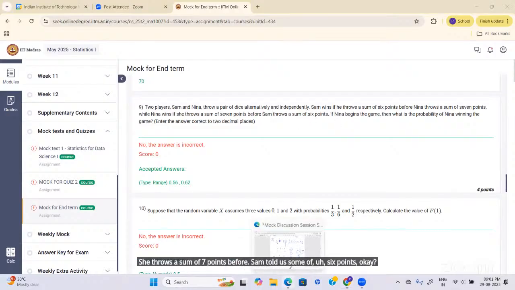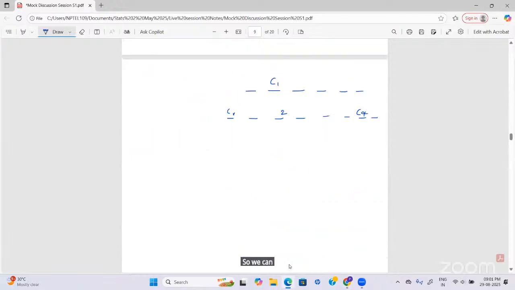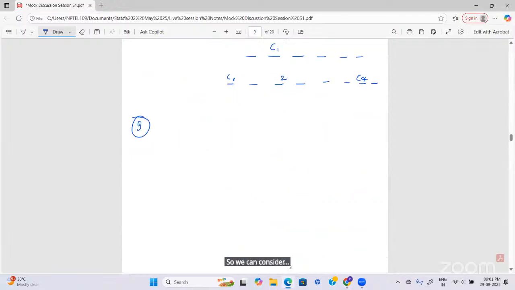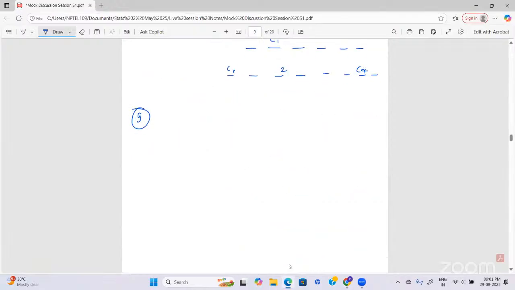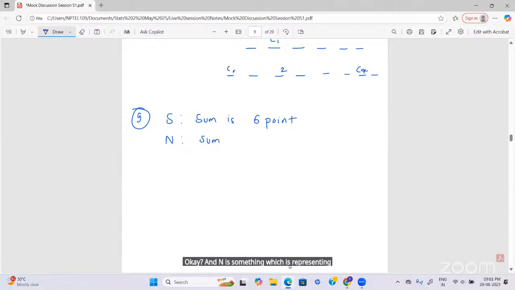Okay. So we can consider, suppose S is something which is representing that the sum is 6 points. And N is something which is representing that the sum is 7 points.